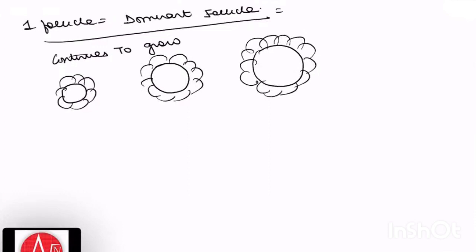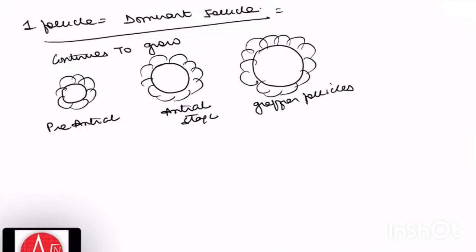Now, ये जो dominant follicle grow करता है, ये बहुत सारी stages से pass करता है. For example, pre-antral stage, antral stage, हमें इनकी details नहीं याद करनी, and Graafian follicle. These are various stages of growth जिसकी डिटेल नहीं याद करनी. You just need to know कि जब dominant follicle grow करता है तो वो बहुत सारी stages से pass करता है, like pre-antral stage, antral stage and Graafian follicle.